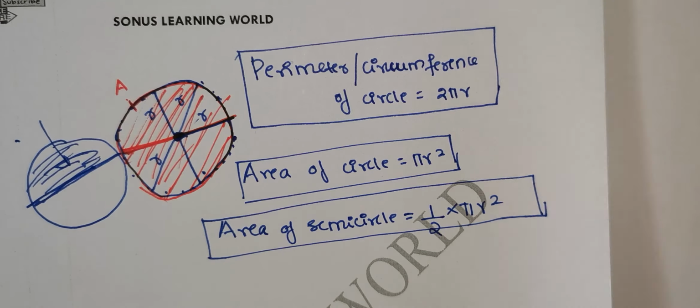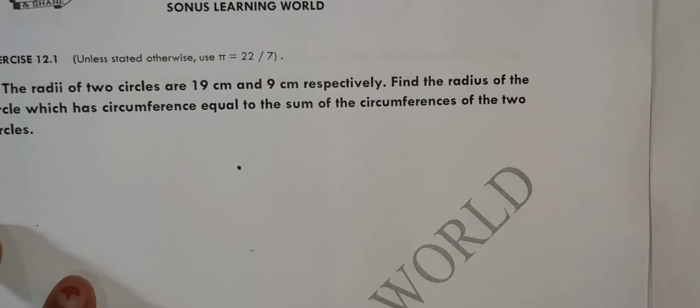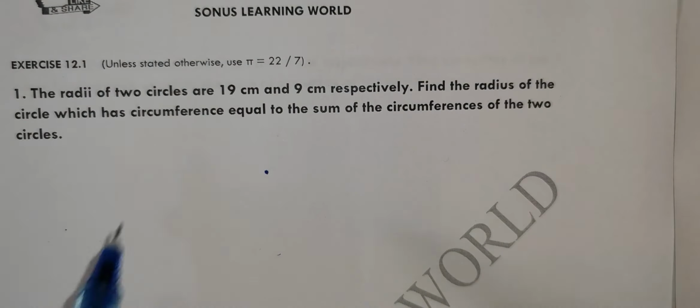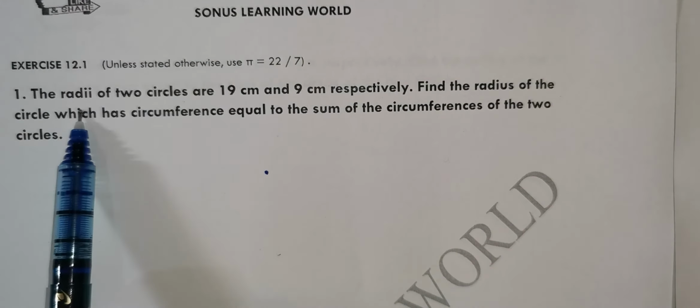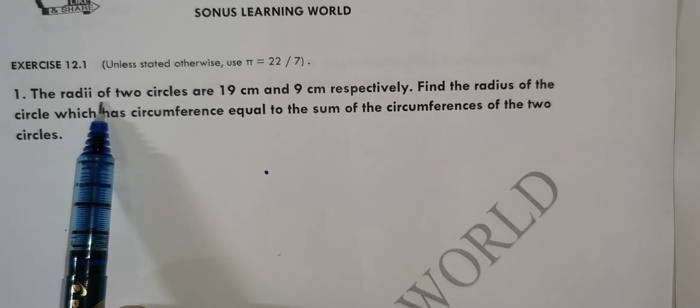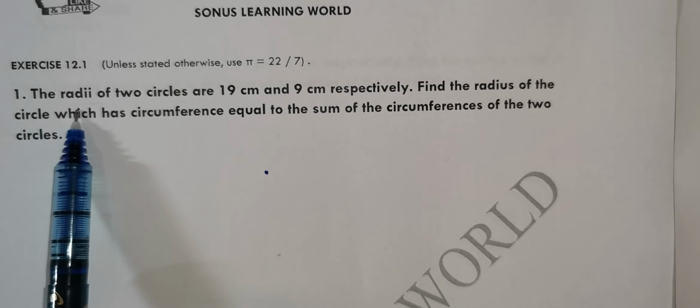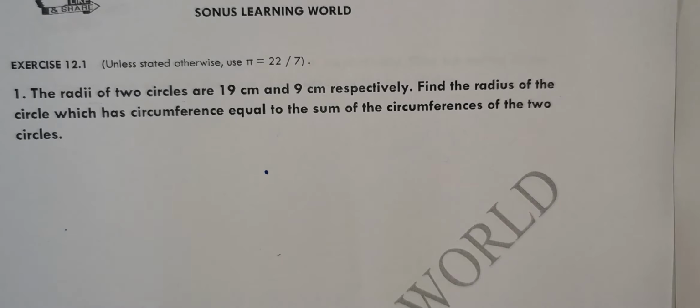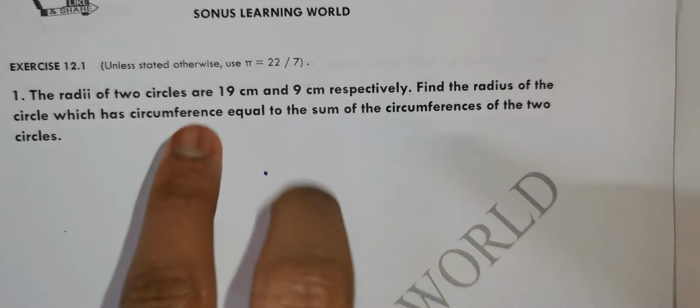Let us read the first question first. The radii of two circles. What is the difference between radius and radii, students? Radii is the plural of radius. Radius means only one value, while radii means we have two radii.